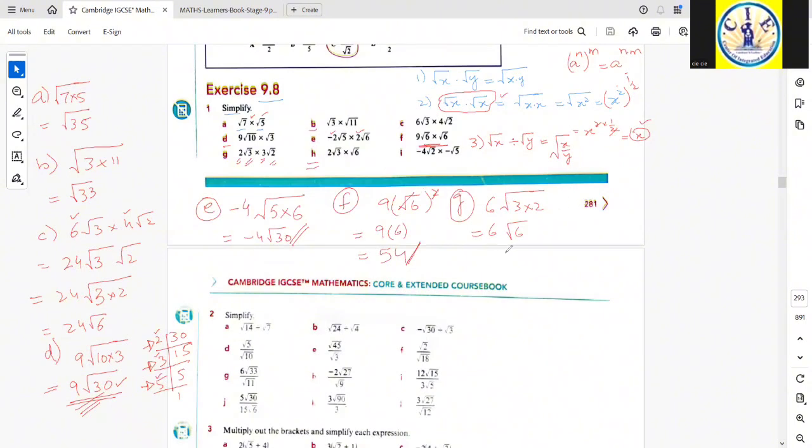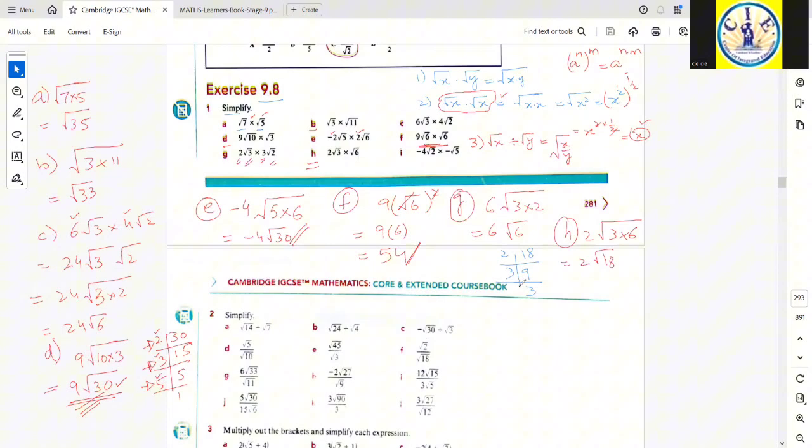For part H, 2 times radical 3 times radical 6, that is radical 18. Now for 18, what I need to do, I have to have its prime factorization.